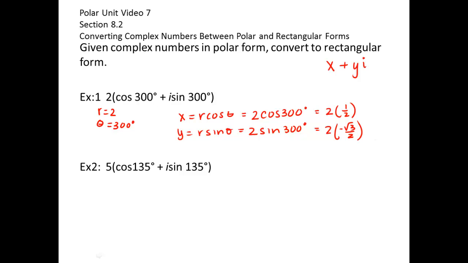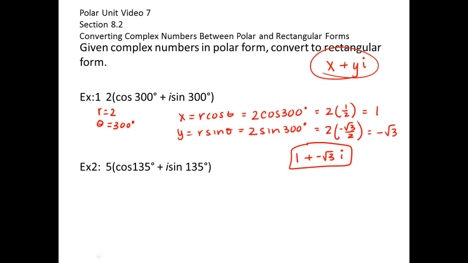And you can draw your triangle or you can use your ordered pairs, whichever works best for you for this. And so my answer here for the x value is 1 and the value for y is negative square root of 3. So all I'm left to do is write it in this form, x plus yi. So 1 plus, or you could have written minus, root 3 i. And this is your answer.